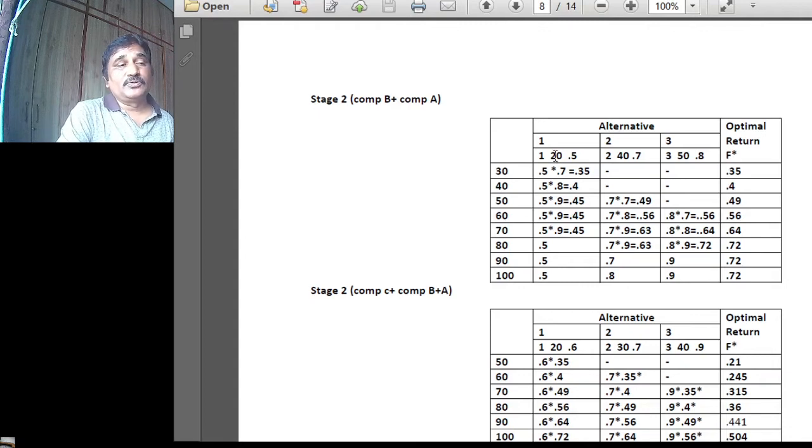Why? Because if you have the state of rupees 20, then you will be having one unit of component B, and there won't be any money remaining to purchase any unit of component bank A. So what you should do, just look here.